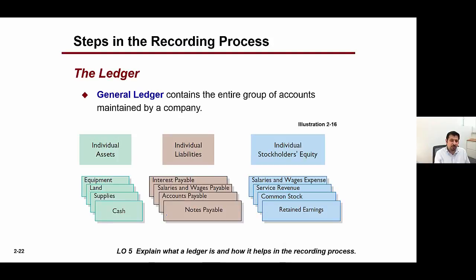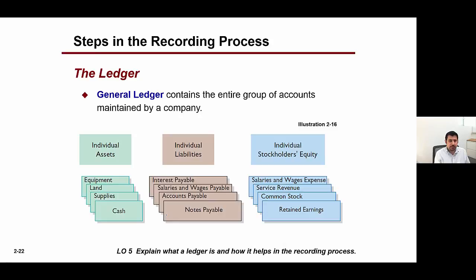Here too, we have companies who might have more specialized journals and ledgers. They usually call them subsidiary ledgers or subledgers, and they would include, for example, the purchases ledger, sales ledger, etc. They provide more information, more details about individual accounts than the general ledger.